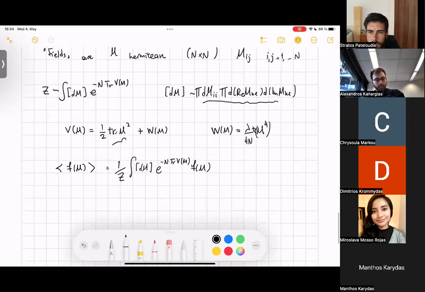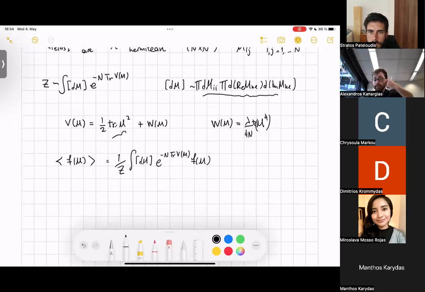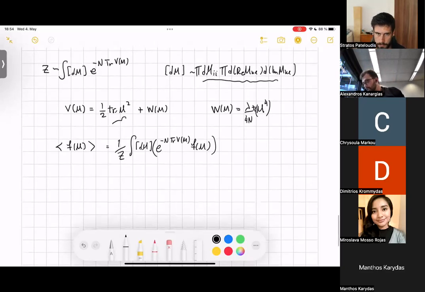And this f of M usually is a function of M, where M is the matrix, that is invariant under the similarity transformation, because you want what you integrate here to be invariant under the similarity, and also the measure. So when you do the similarity transformation, you can simply have integrals over eigenvalues everywhere.